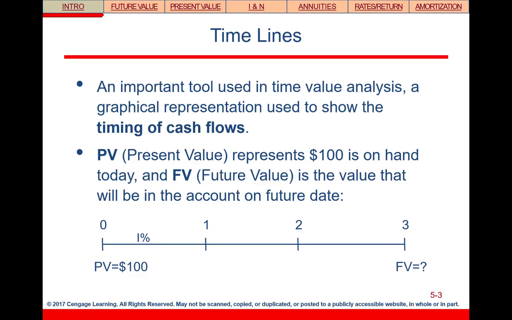This is 2, means the end of period 2, and this is 3, means the end of period 3. Each period can be a year, or a month, or a quarter, or a half year, or it can be just a day or a week. So it can be anywhere, or it can be an hour too.